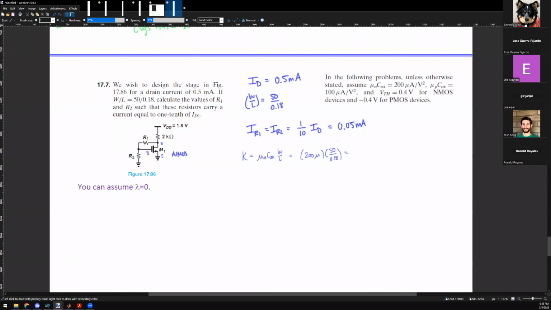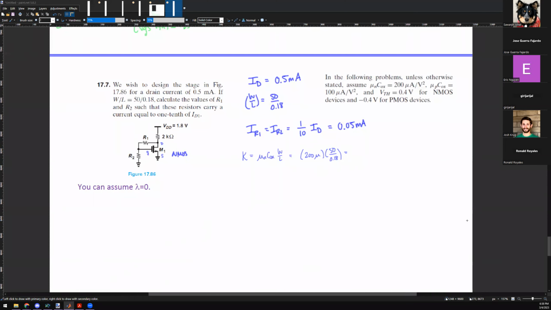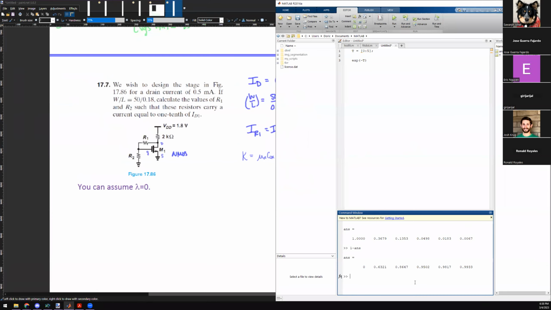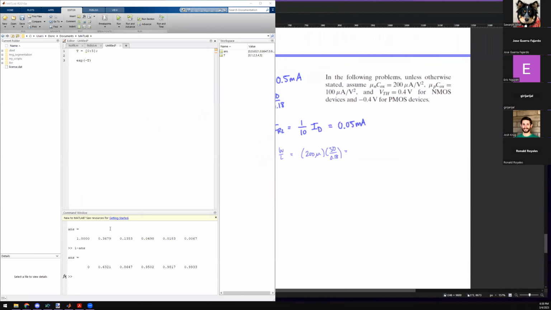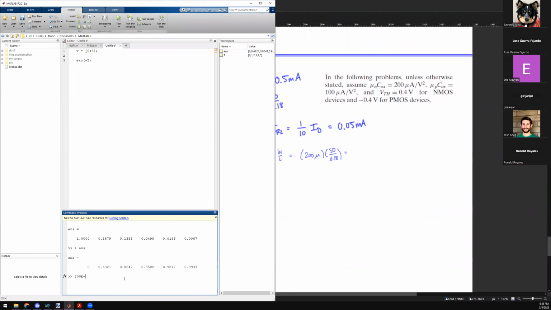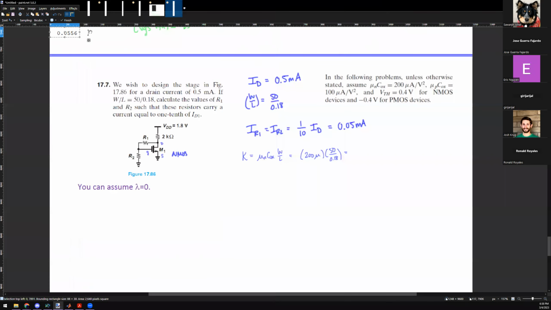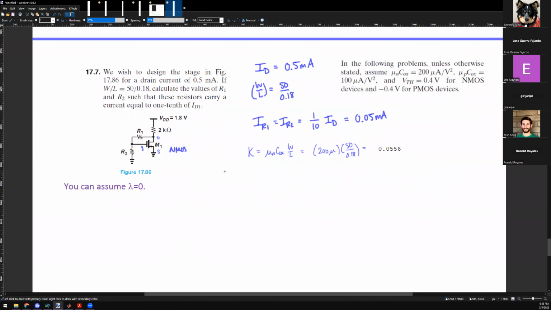We can solve for this K value: 200 micro times 50 divided by 0.18. Okay, that's K. It has the correct units of amps and volts. So as long as I make everything amps and volts, we're okay.